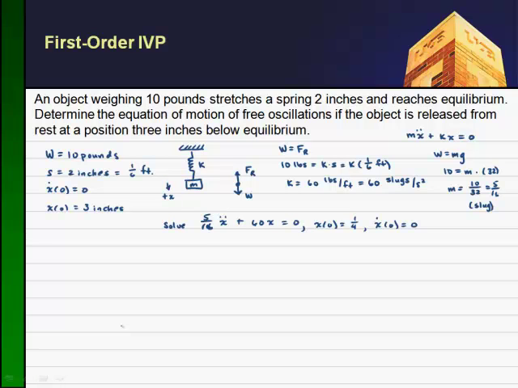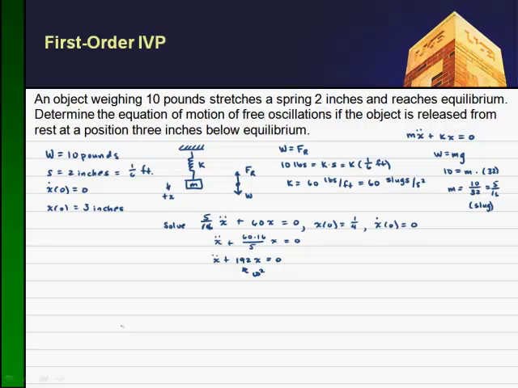So in solving this, let's consider what we've done in the course. First, let's normalize the x double dot term. If I multiply by 16 over 5, I get x double dot plus 60 times 16 over 5 x equals 0. Simplifying, 60 over 5 is 12, and 12 times 16 is 192, so x double dot plus 192x equals 0.